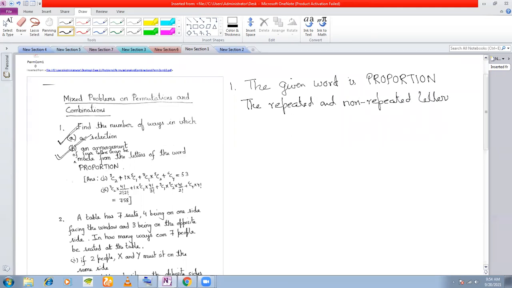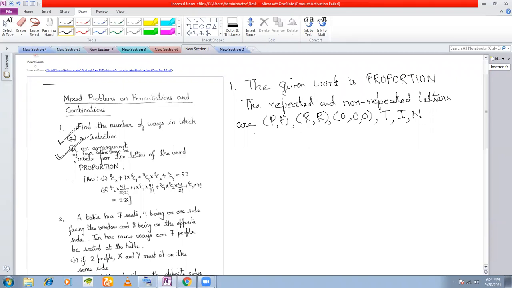If you see, you have two P's, you have two R's, next you have three O's, next you have a T, next you have an I, and next you have an N. So this is the way the letters look like in this word.